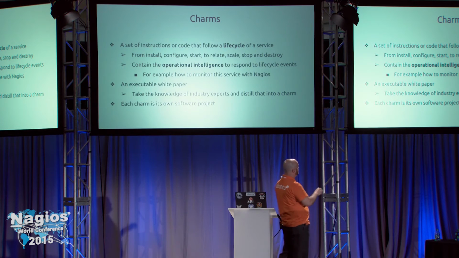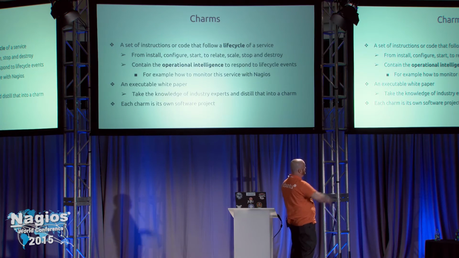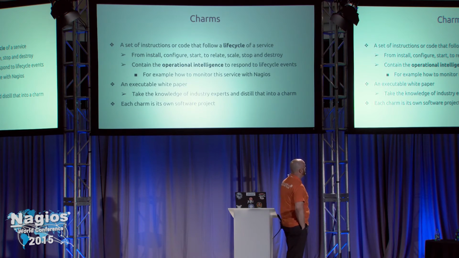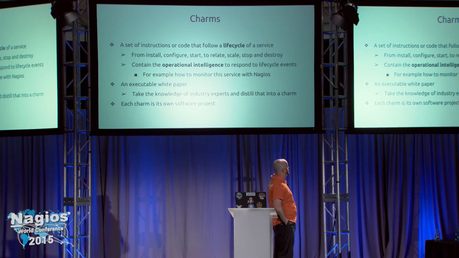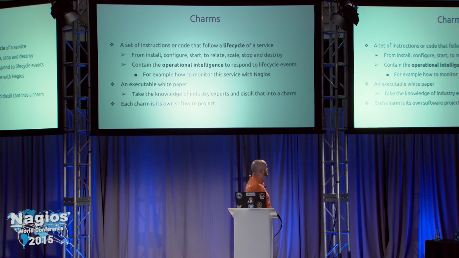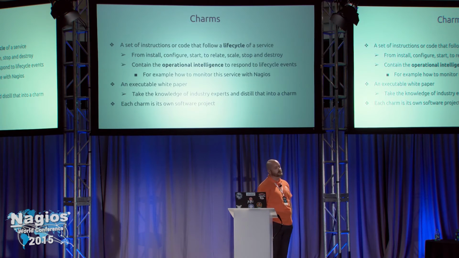It doesn't make sense for all charms to implement all those events, but in most cases, you'll need to do many of them. So the operational intelligence and how to monitor. I mean, every charm could have that baked in. They don't right now, but they don't need to because you have the NRPE one. My friend refers to it as an executable white paper.